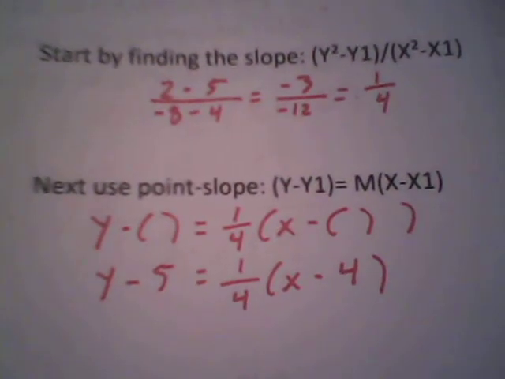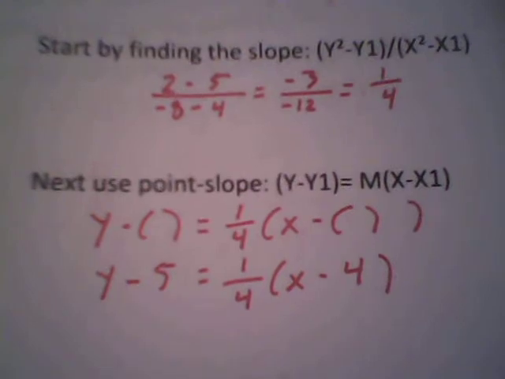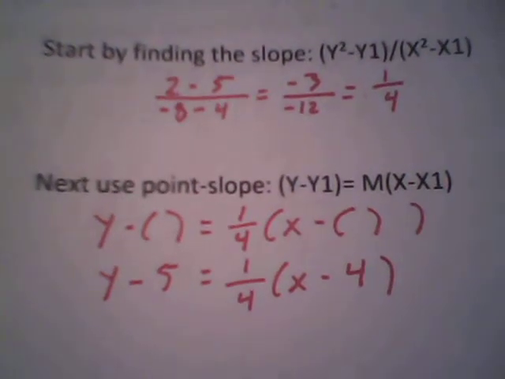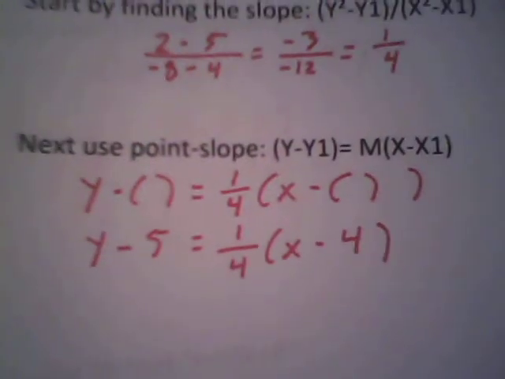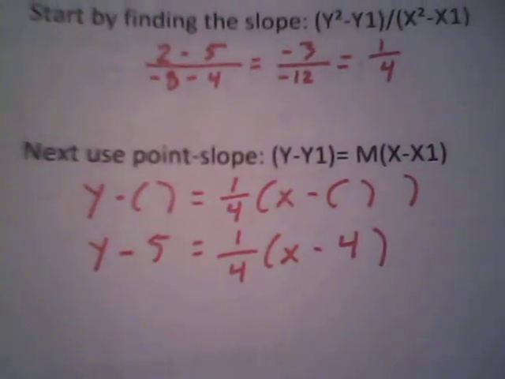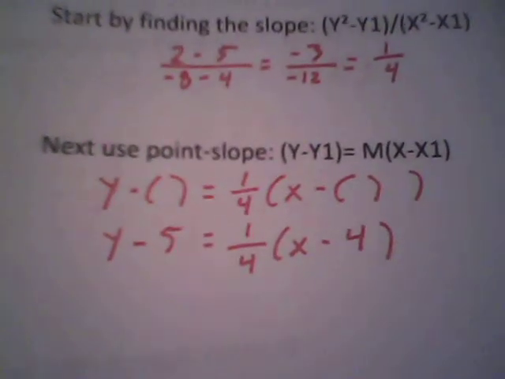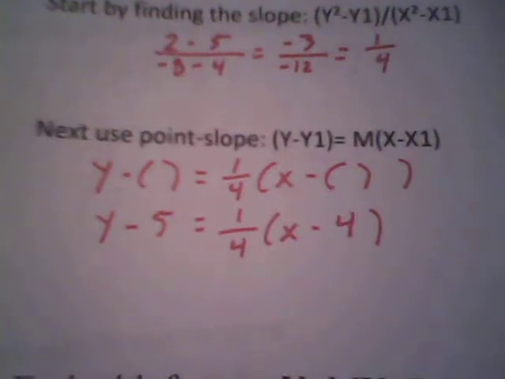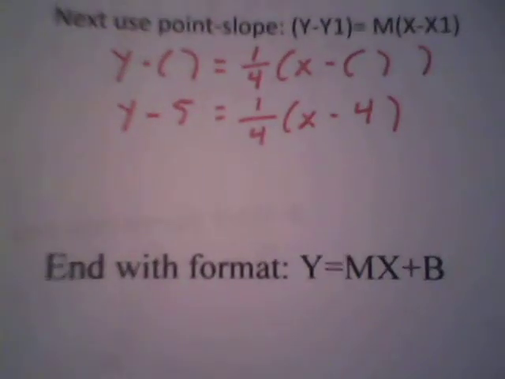I picked that little nugget up off of the talking hand from other videos. The parentheses helps you keep things organized. So whenever you plug in, this became y minus 5 equals 1/4, our slope, also known as m, times x minus 4. I'm not going to work the rest of that problem. I believe that you can do that from here. But the final format it's going to look like is good old y equals mx plus b.